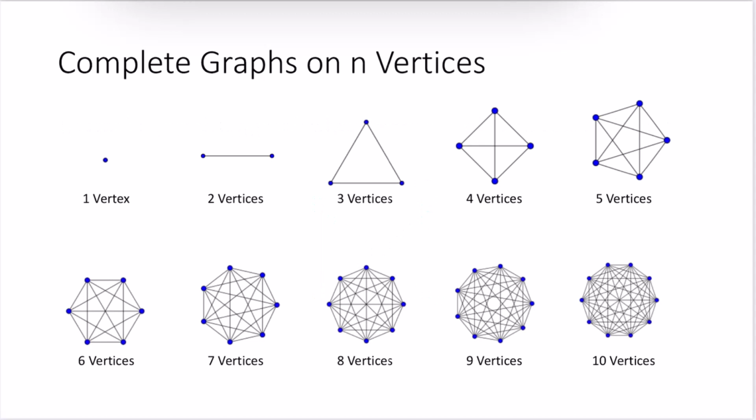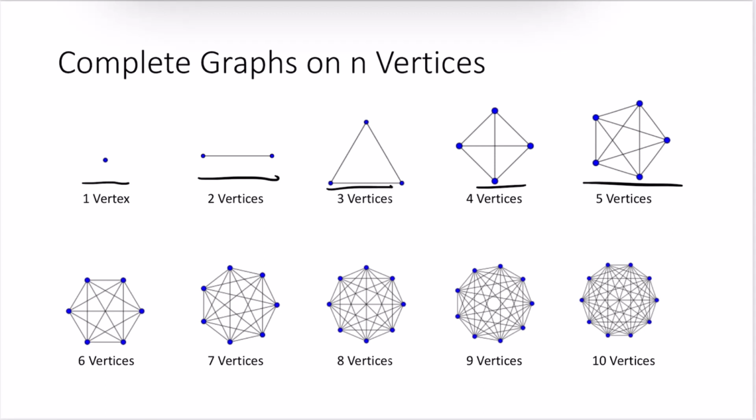So if we look at these examples, these are some complete graphs on various numbers of vertices. So you could have the complete graph that has 1 vertex, or a complete graph with 2 vertices, or 3, or 4, or 5. And you can see they make cool pictures or patterns when you arrange the vertices in a circle.